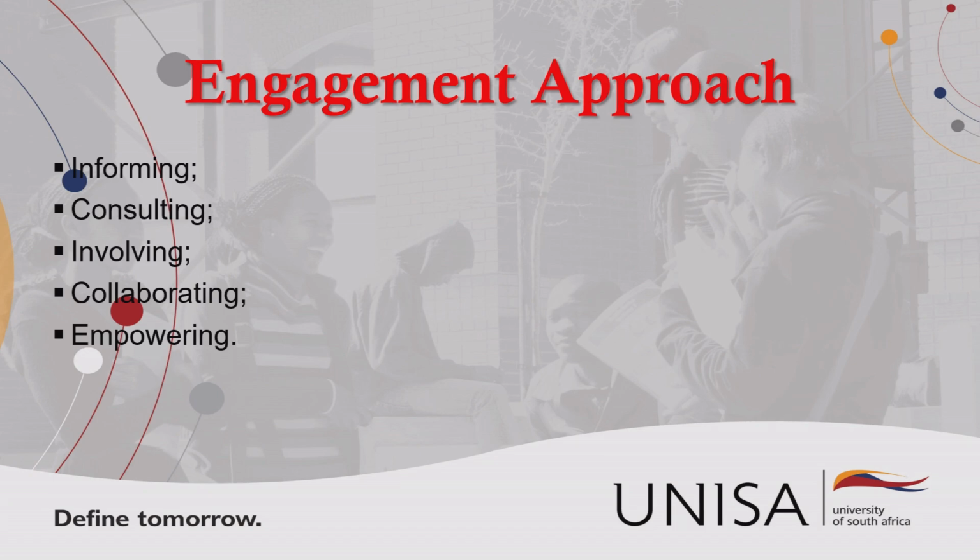And so it becomes difficult for them to determine the efficacy of an SRC. For us to help them determine whether or not an SRC was productive or effective, they need to have a level of information. They need to be empowered to know what it is that the SRC does, what they can expect from the SRC, and how they hold the SRC accountable. And that can only happen if there is a level of empowerment.